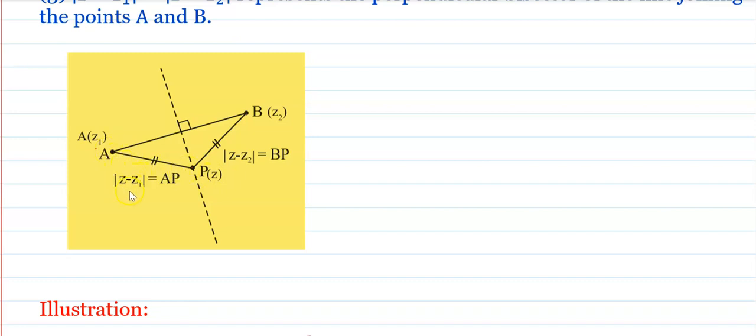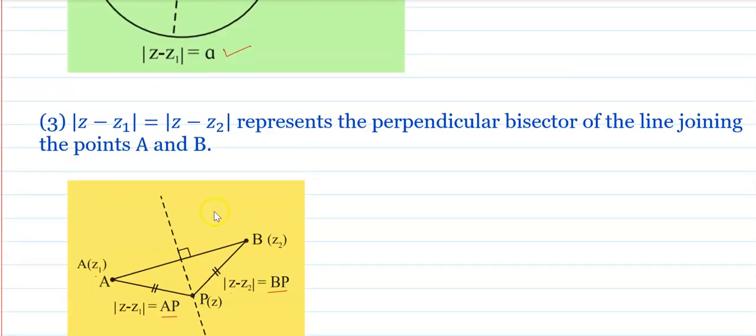AP is mod of z minus z1, equal to AP, and PB is mod of z minus z2, equal to BP. These two distances are equal because P is on the perpendicular bisector. So this represents the perpendicular bisector of the line joining the points A and B.